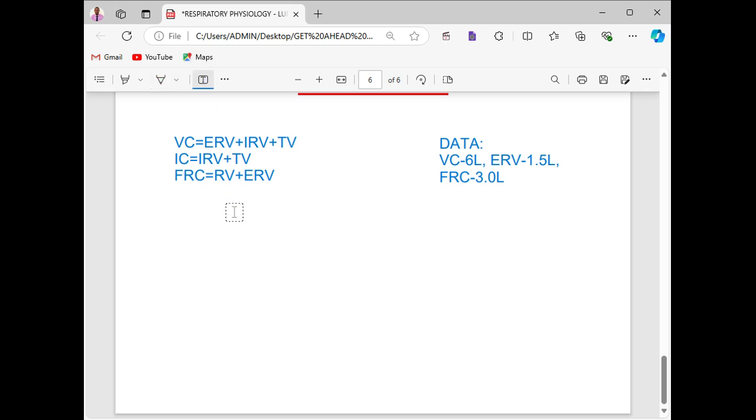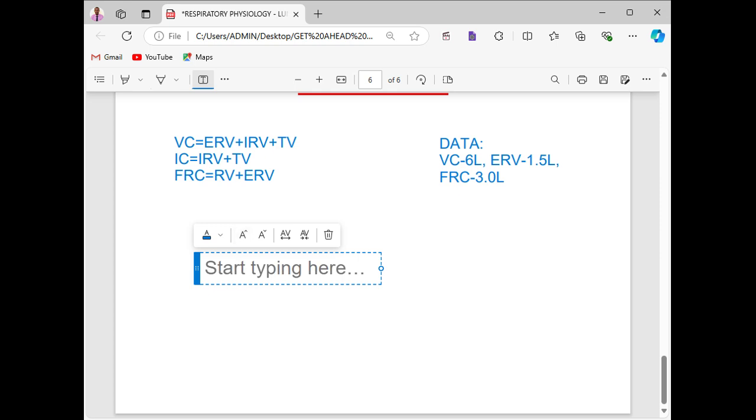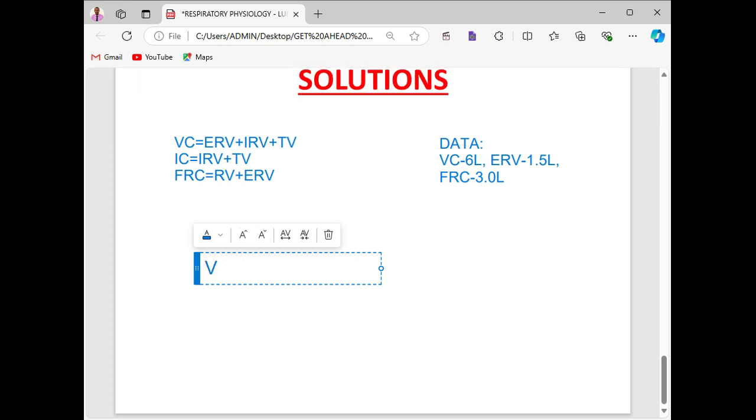So our formula, knowing very well that VC is equal to IC plus ERV, as simple as that. VC we've been given as 6.0, and IC is what we are looking for.